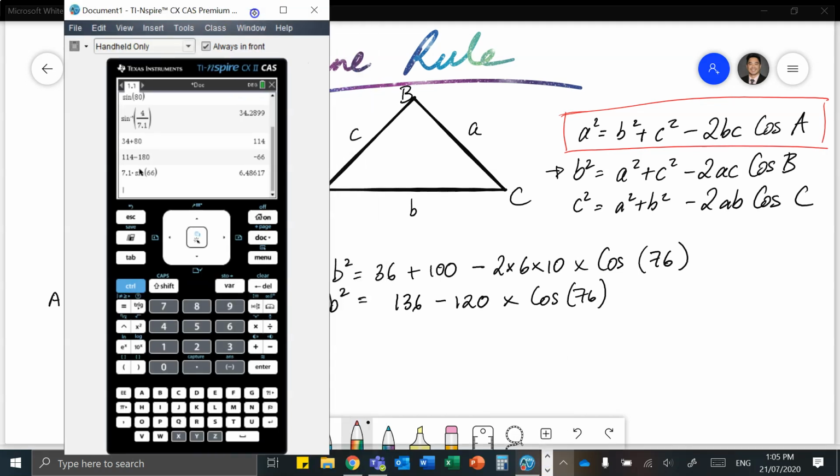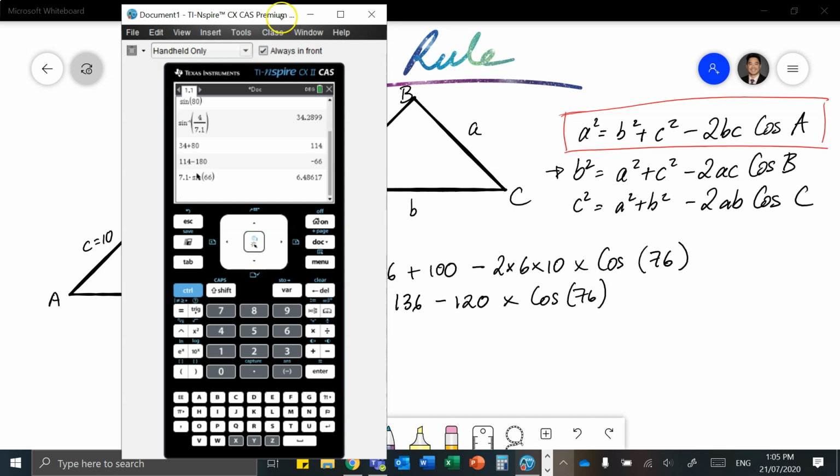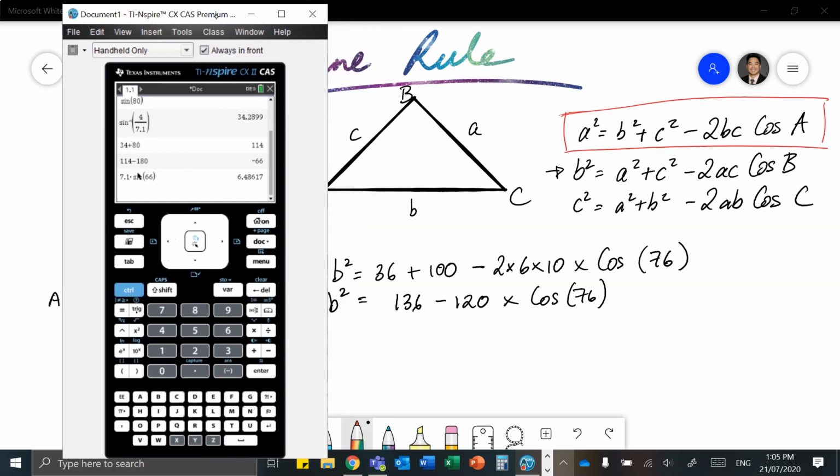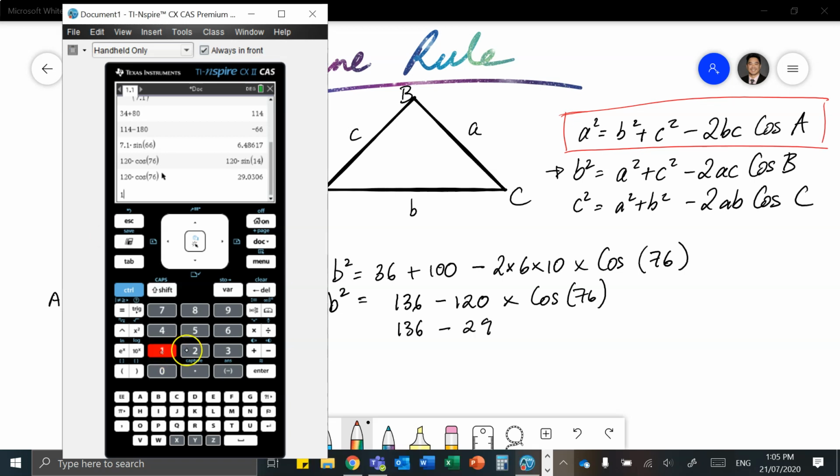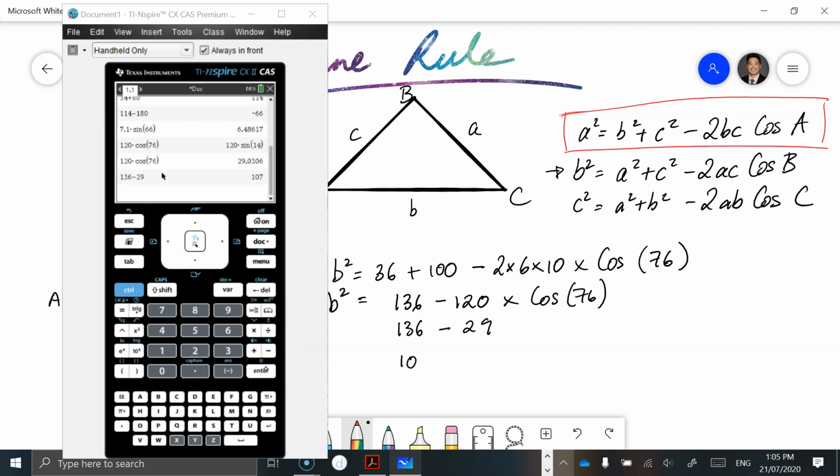Therefore, you need to apply that first before you do anything else. So let's get our calculator: 120 times cosine of 76, close brackets, is going to equal 29. But notice that we've got a negative, so we need minus 29. So we can say 136 minus 29 is then equal to 107.